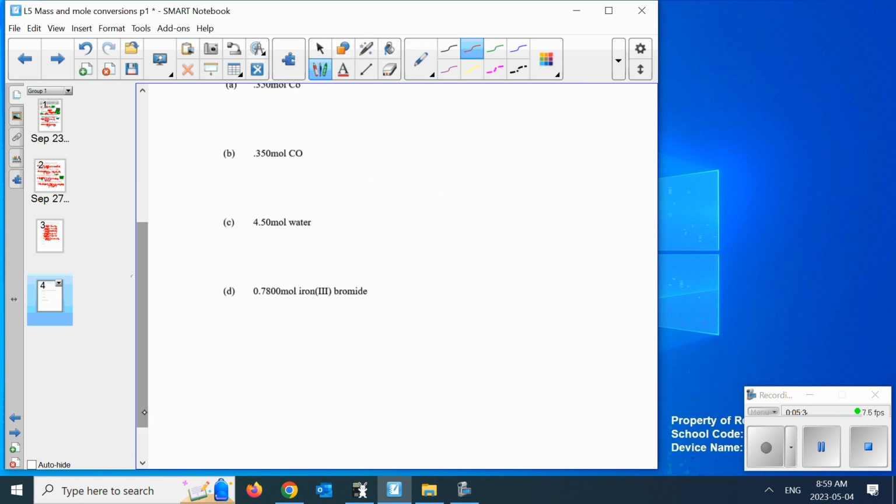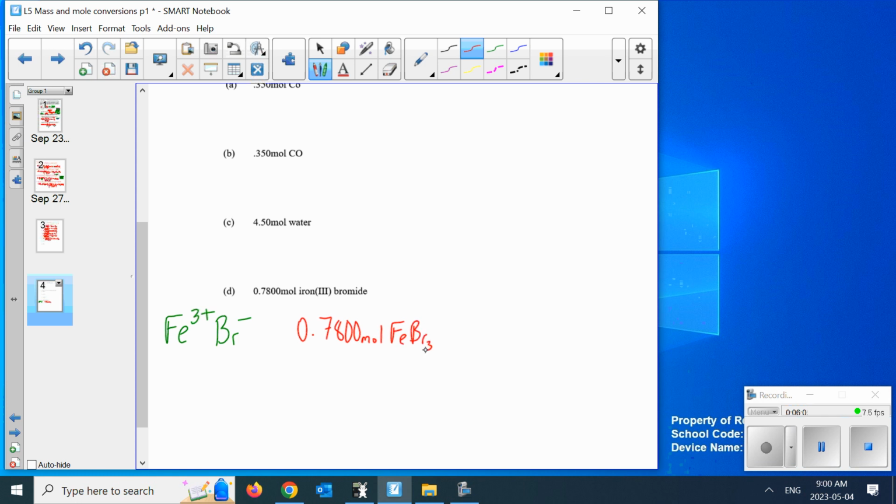Iron 3 bromide. So my scratch work is looking up iron. It already tells you, though, that it's 3. That's part of the name. Bromide, I have to look that up, but it's a -1 charge. So what is the formula is what I'm really thinking. I'm going to rewrite this one. It is 0.7800, 4 significant digits, moles of FeBr3.